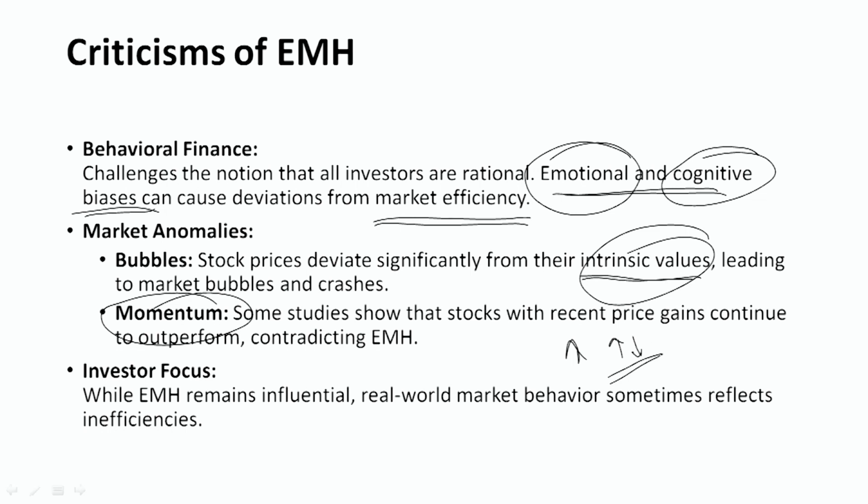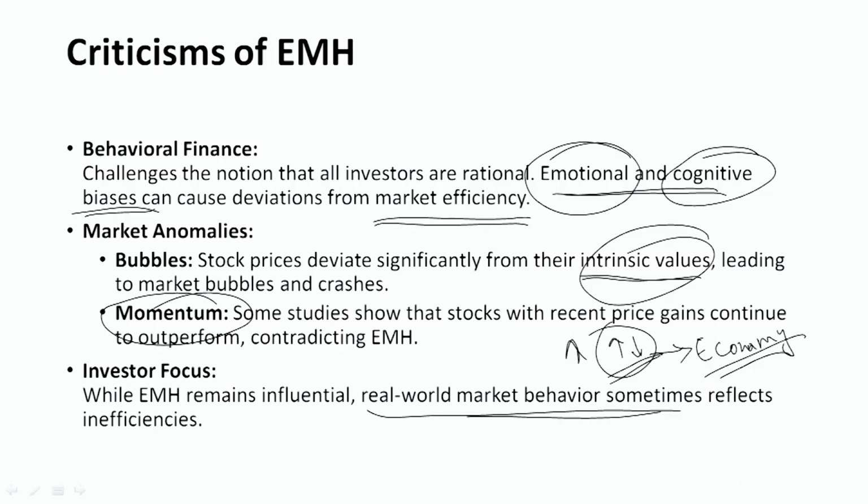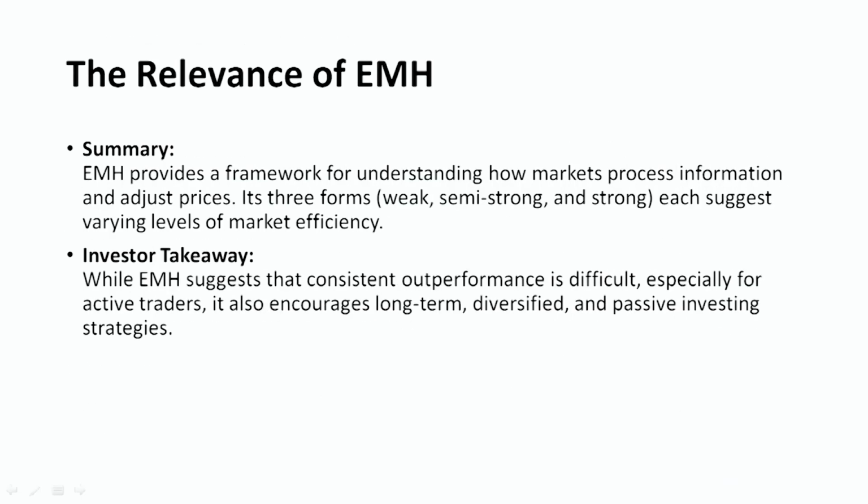The higher the index goes, the lower a particular stock price comes down. So it's all dependent on how the economy is behaving towards a particular sector or industry. So real world behavior is often not actually reflected in the price of stocks. That's the criticism.